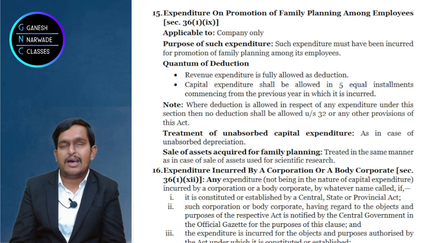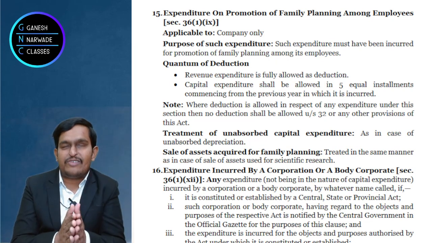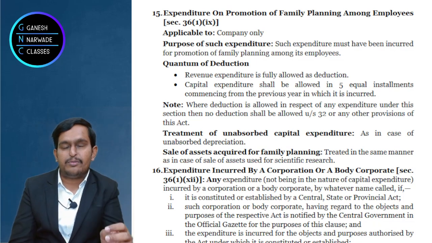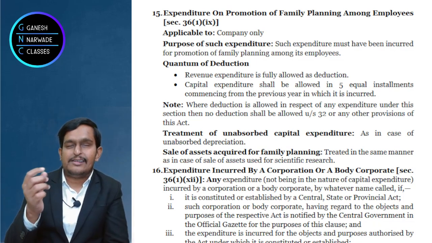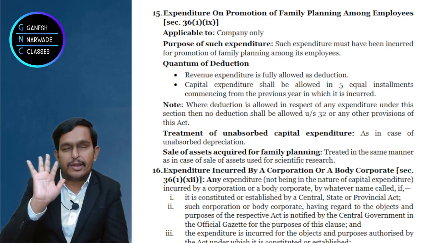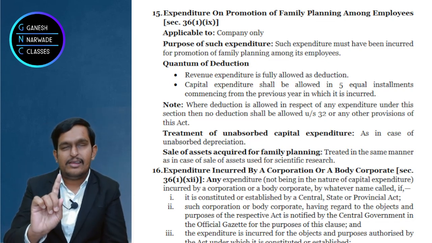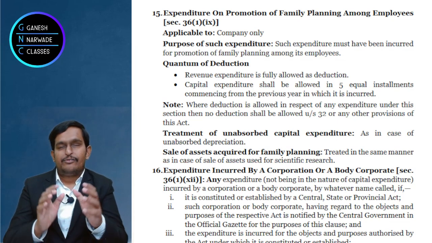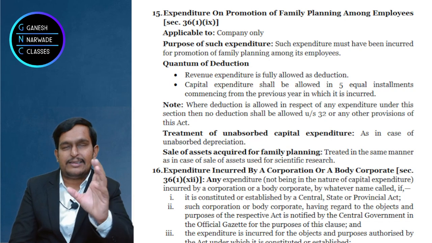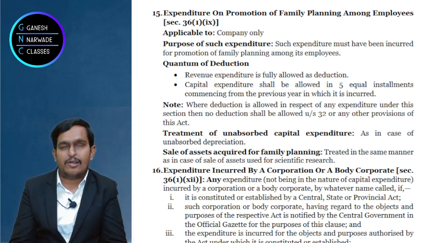So I discussed expenditure on family planning by the corporates. Revenue 100% allowed, capital it is also 100% but in 5 equal installments over a period of 5 years. Now when I say capital expenditure, obviously it is purchase of plant and machinery, maybe construction of building, something like that.